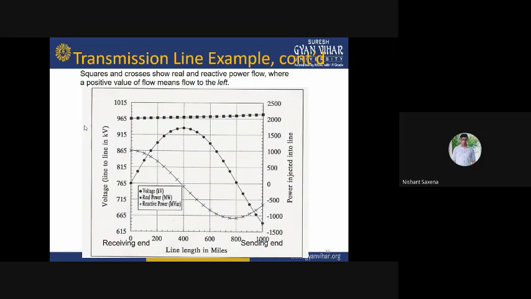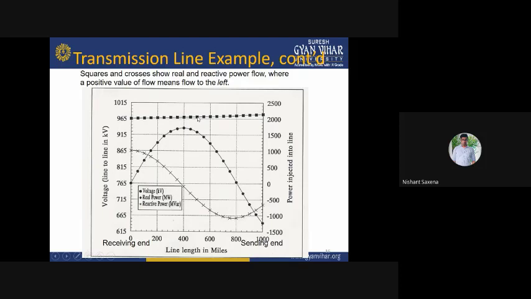Okay, when I plot these, the squares and the crosses, the real and reactive power flow, where the positive values of flow mean flow towards the left. Now look at this. This 2000 was your real power demand.